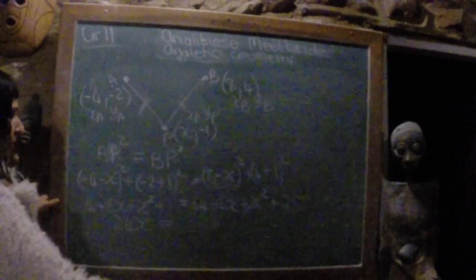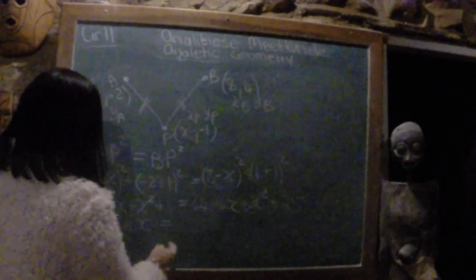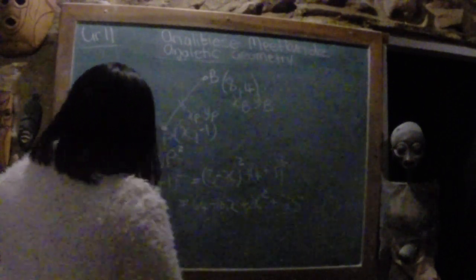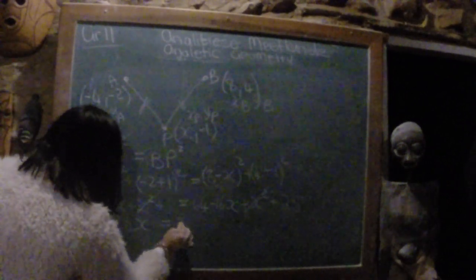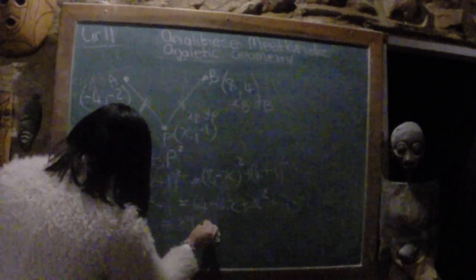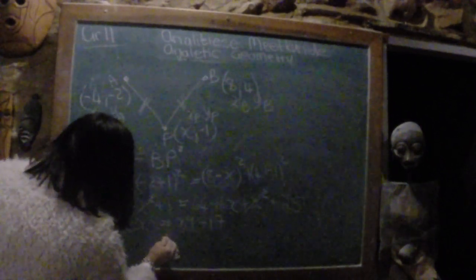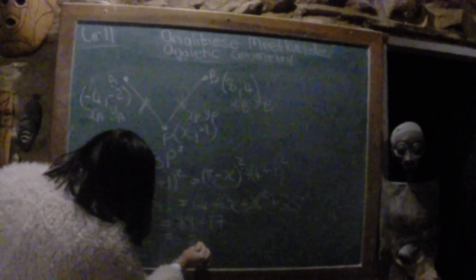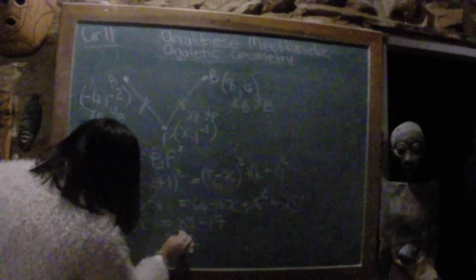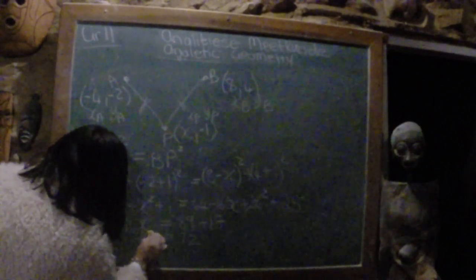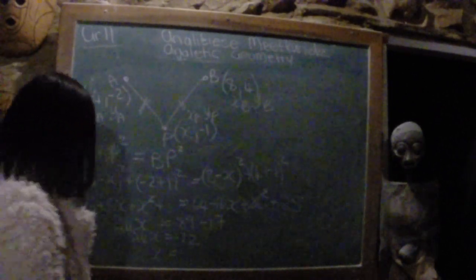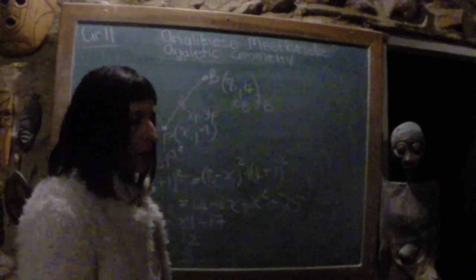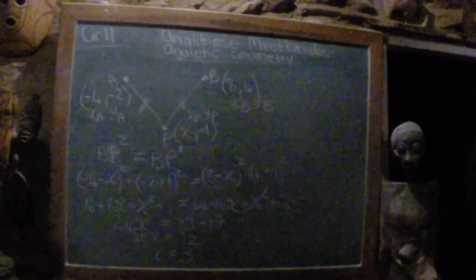You can take all the numbers to the other side of the equals sign, so I have 64 plus 25, that is 89, minus 17, and that gives me 72. So 24x equals 72. If you divide by 24 on both sides, your answer is going to be 3. And therefore my x-value is equal to 3.